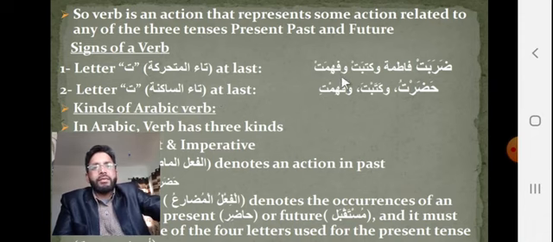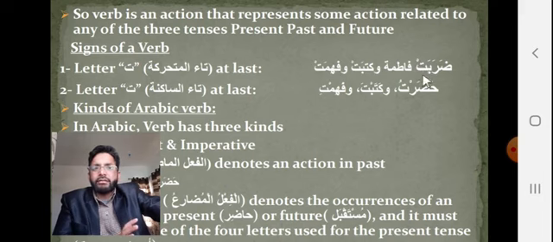And the example is here. Darabat Fatimatu wa katabat wa fahimat. You see in all these verbs we find at the last ta sakina. This is a ta and there is sukun on it.